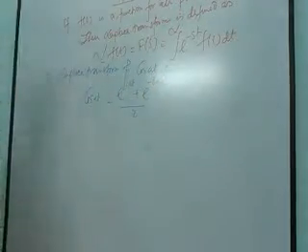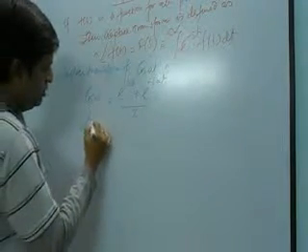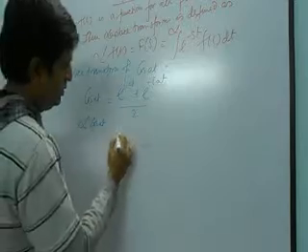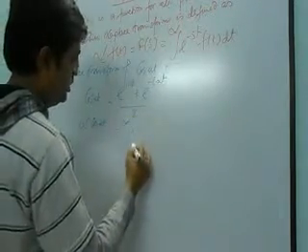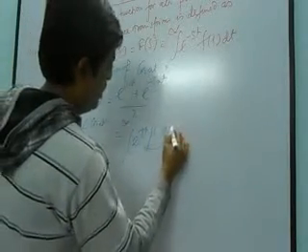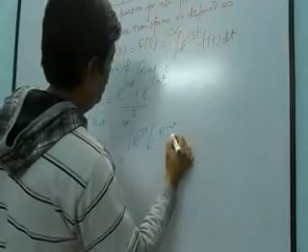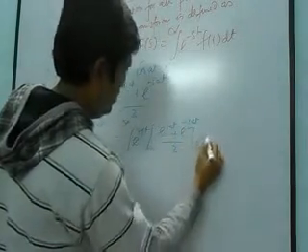Now the Laplace transform of cos at is equal to the integration from 0 to infinity of e to the power minus st times (e to the power iat plus e to the power minus iat) divided by 2 dt.